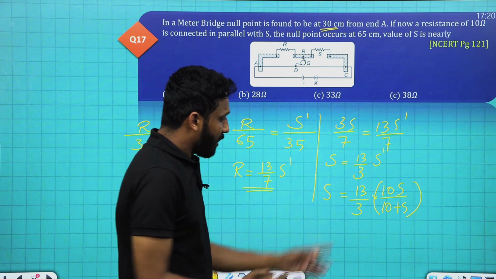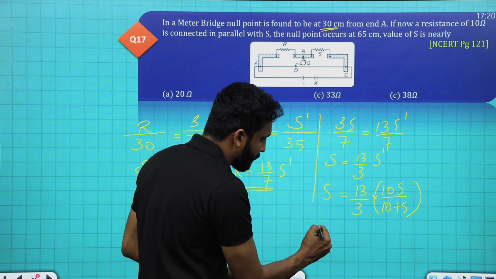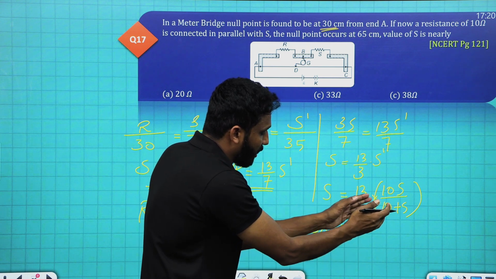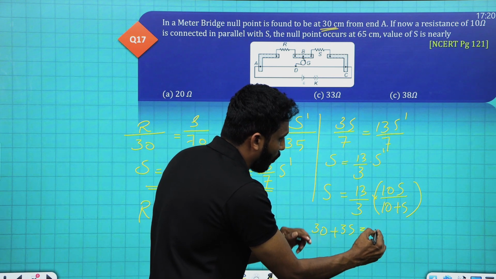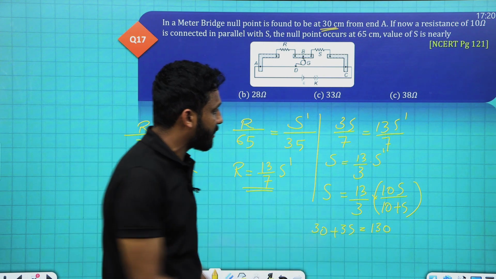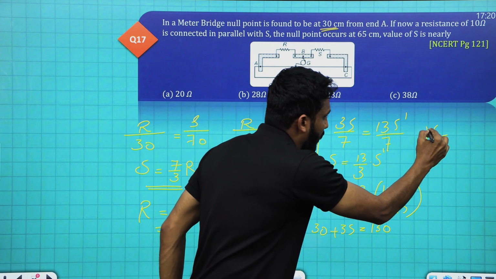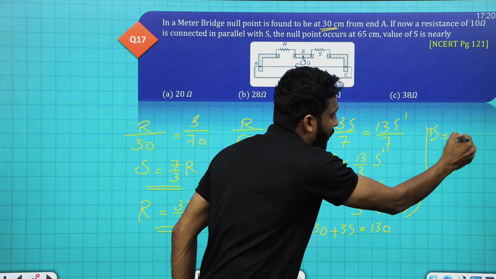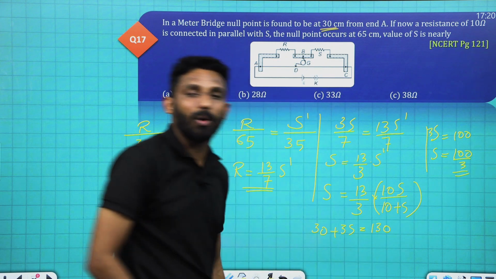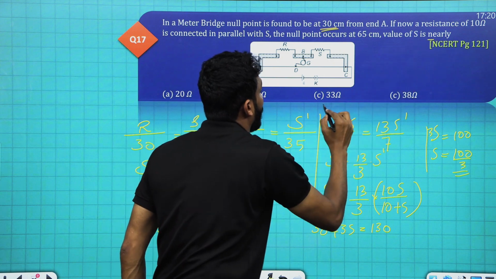Then 3 into 10 plus S is equal to 130. 30 plus 3S is equal to 130. Clear? Yes. 3S is equal to 100. S is equal to 100 divided by 3. It is 33.33. So the answer is nearly 33 ohm.